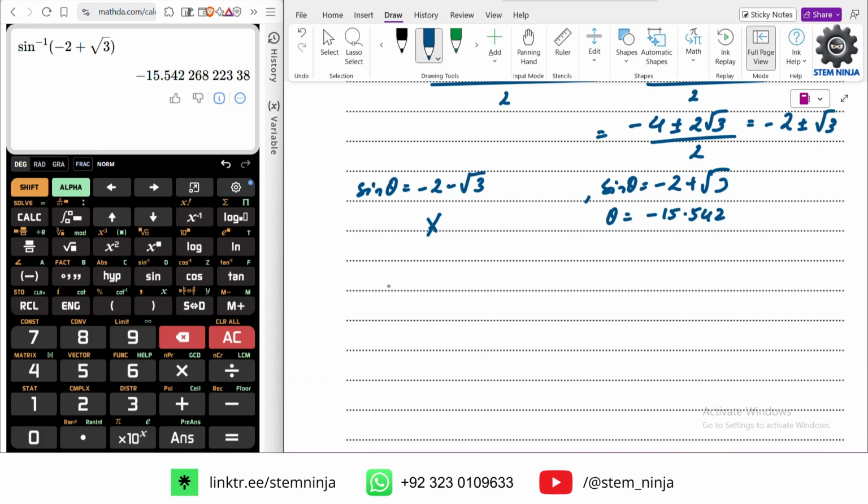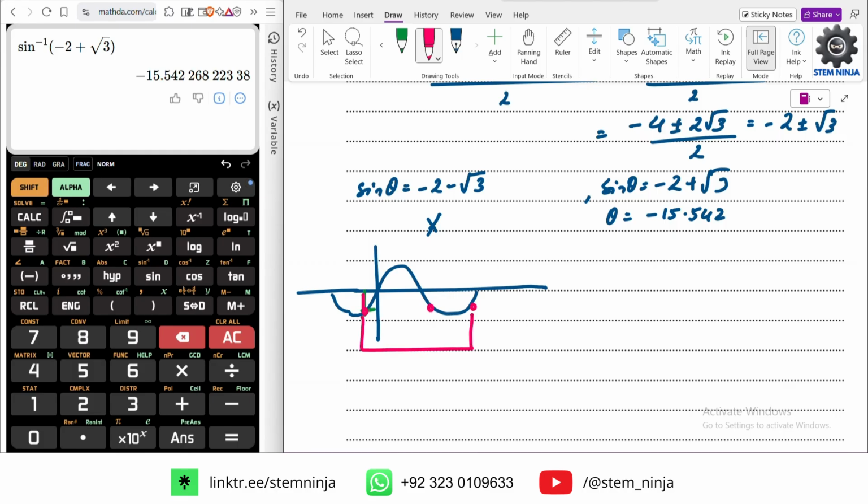So we can see this in terms of graph also. So let me show you first in the graph. So sine theta graph is like this, and it goes beyond like this. So minus 15 is somewhere over here. Minus 15 is over here, so this graph would come right over here again.